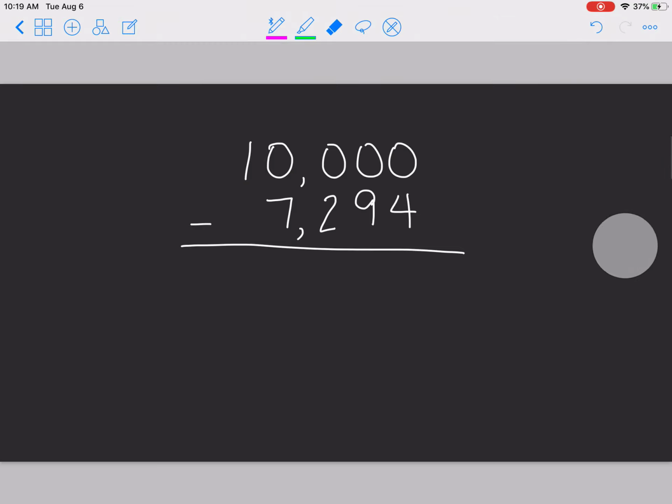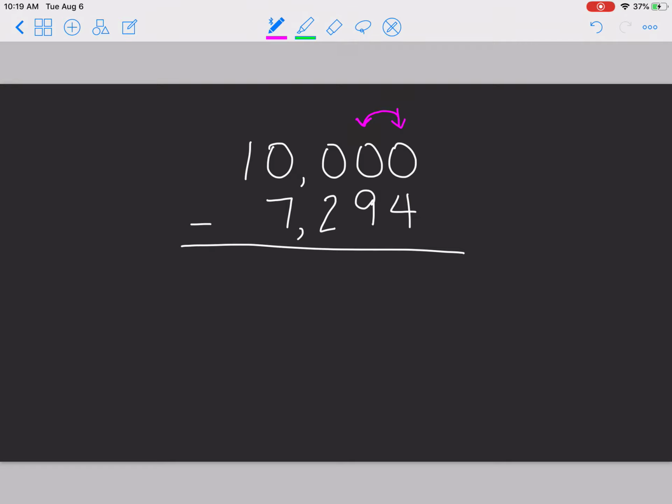And we're going to start to work through this equation because we've got a lot of zeros to work through. So I'm going to start in the ones place, but I'm going to come over, because we always take, remember, from the left because that's the greater value. Do I have any cookies from this place value to give to the ones place?